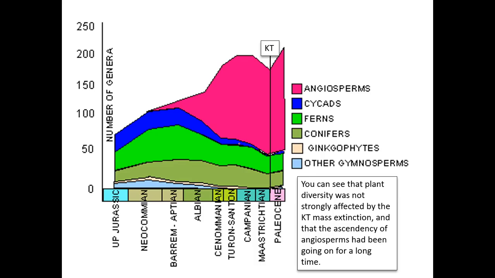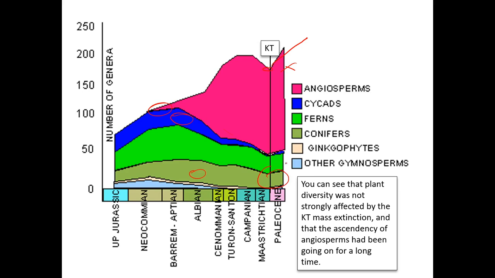These are flowering, fruiting plants. You'll notice that right here, angiosperms are shown in the pink color. Angiosperms were kicking butt before the KT mass extinction, but after it, you can see that they just got more popular. Cycads start to really die out. Cycads are a type of gymnosperm.